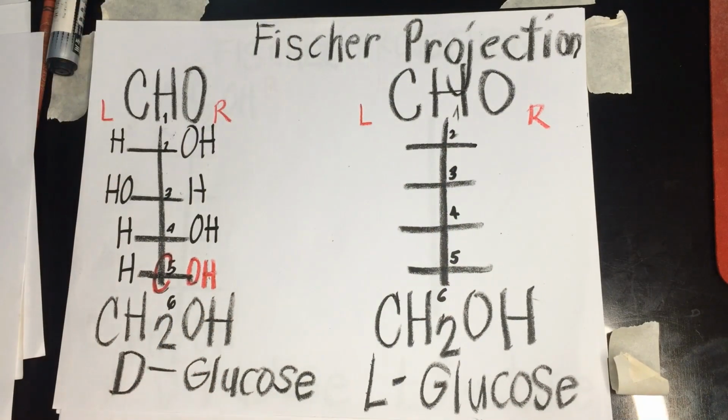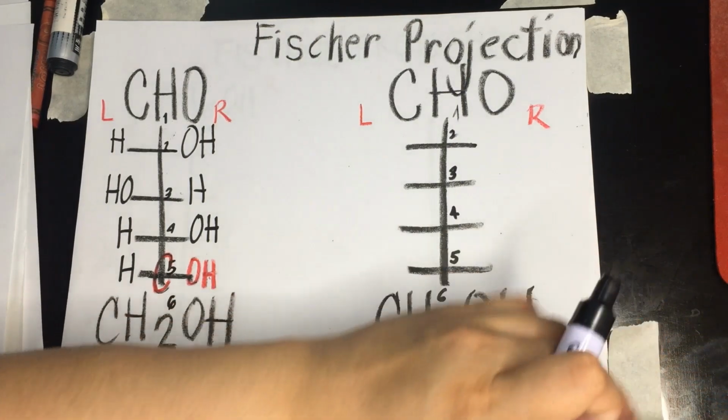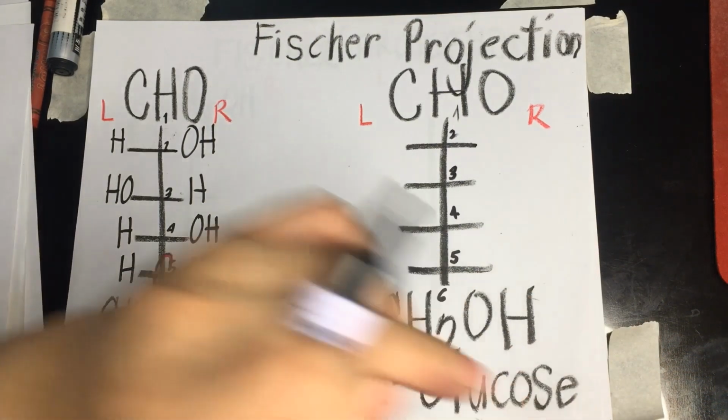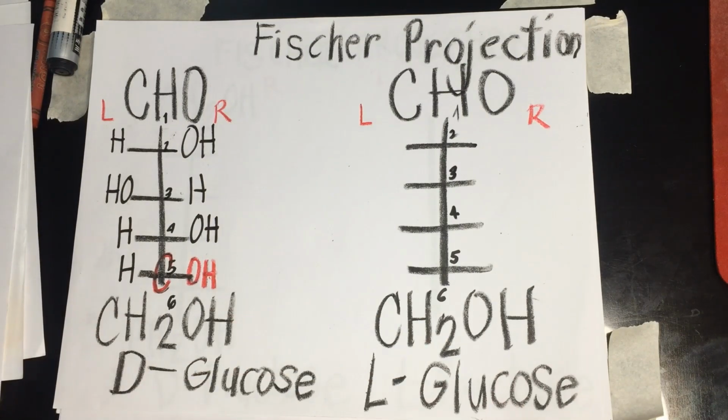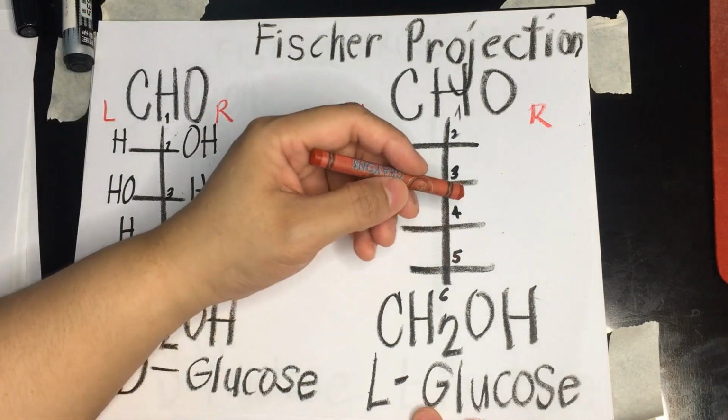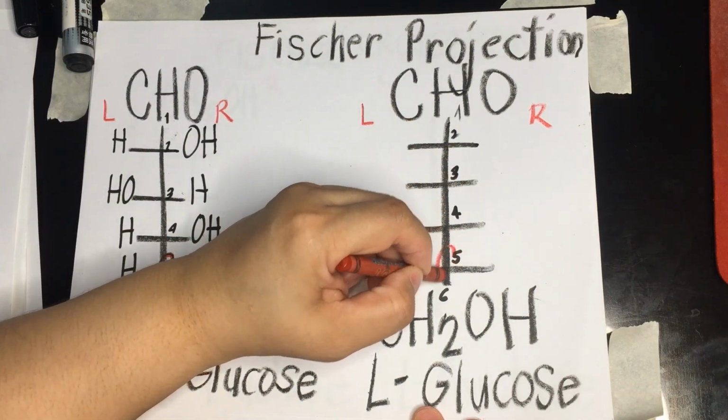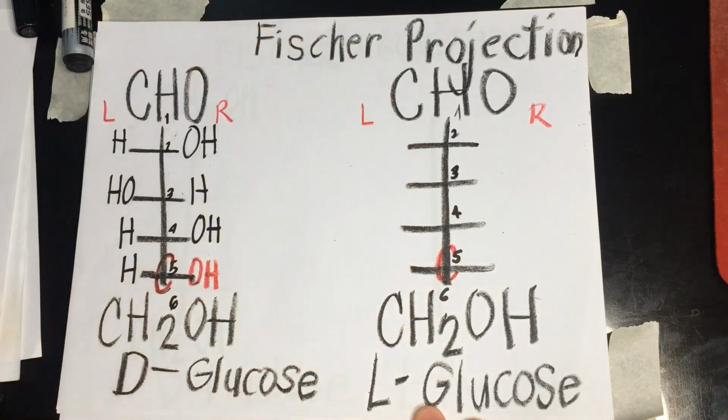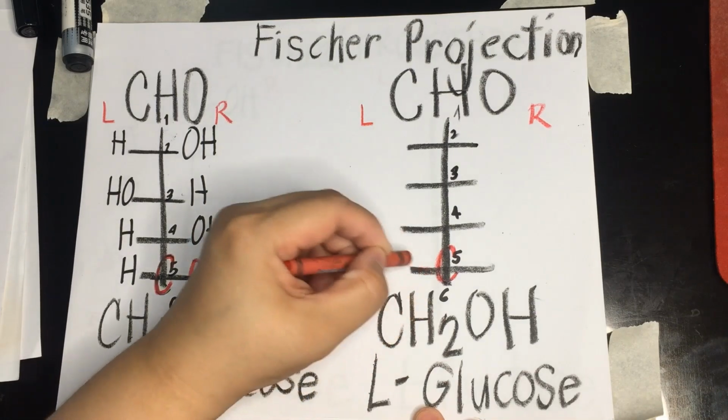Again, for our 6th carbon, we are going to have a terminal alcohol. Next, we are going to locate the highest number of chiral center. In this case, the highest number of chiral center is carbon number 5. For the carbon number 5, we are then going to put the hydroxyl group on the left side.